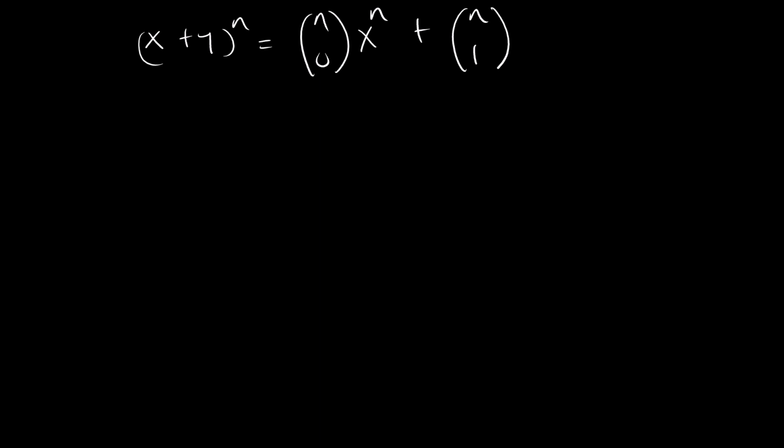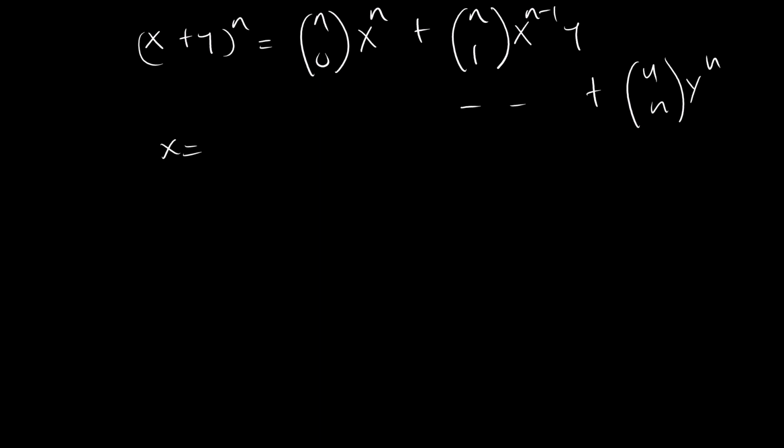Now, there are important things for us to consider. If we have x plus y to the power n, that's the same as n choose 0 x to the power n plus n choose 1 x to the power n minus 1 y, all the way up to n choose n y to the power n.